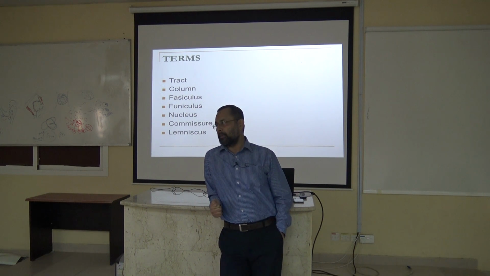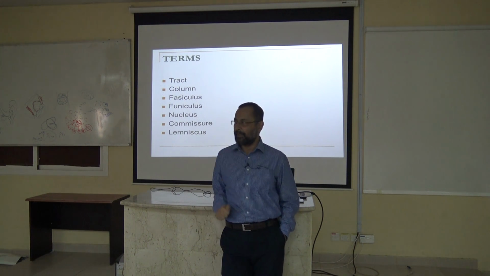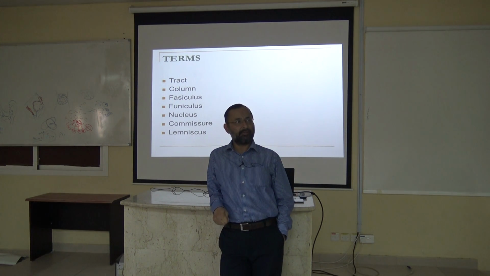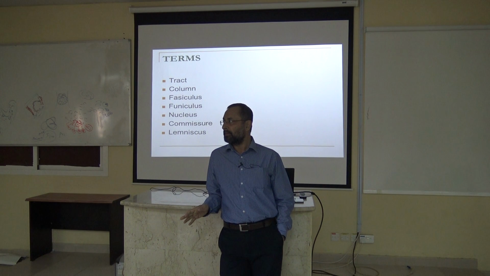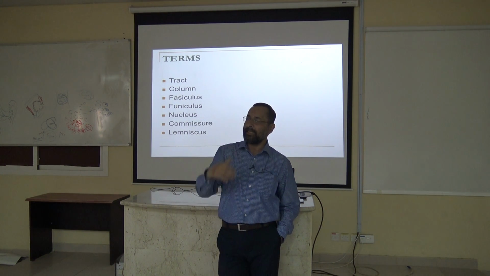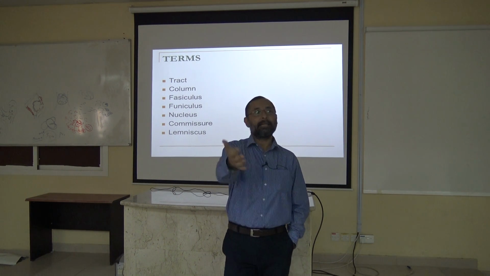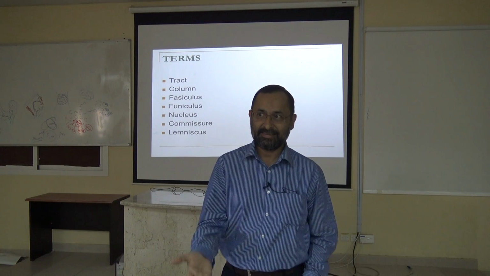Seemingly not possible. But if bundles of nerve fibers are traveling from the sacral segments to the thoracic segments and they end up there, will you call them ascending tracts? Yes. So they are starting from the sacral segments and ending in the thoracic segments, starting from the spinal cord and ending in the spinal cord. So are these ascending tracts? Yes.